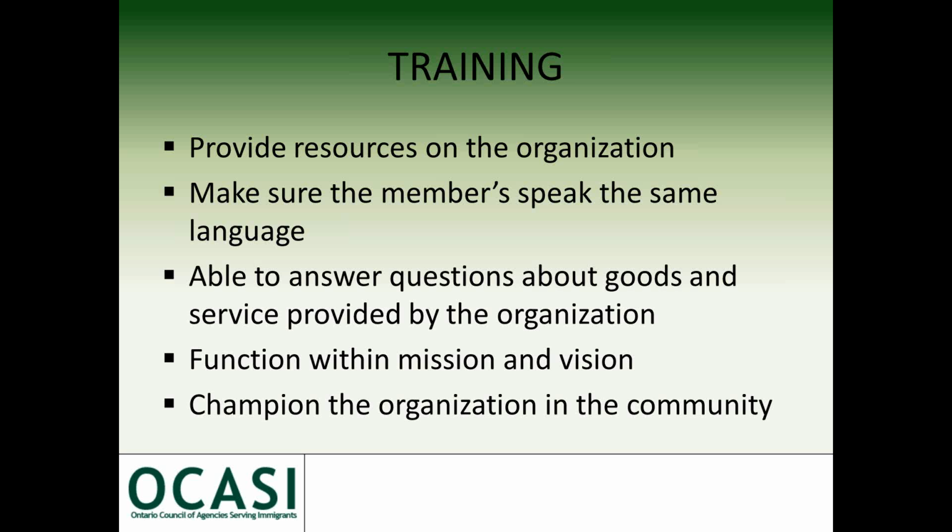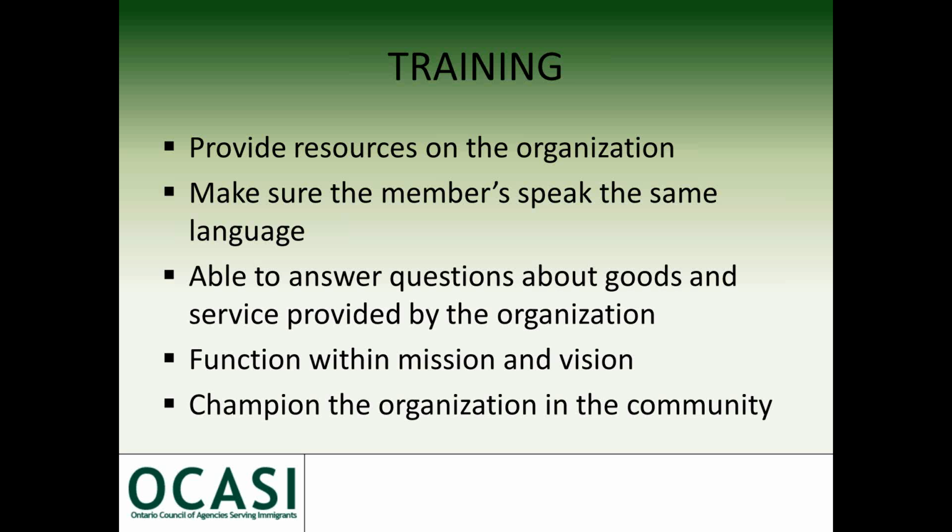So when I talk about speaking the same language, the training that you give me is that mission, vision, goal. I need to understand the mission, the vision, and the goal of the organization. So once I understand that, then I can come on board and speak the same language as the members who are currently there. My language may be a little bit broken in the beginning, but at least I should have the foundational piece to get me going, right?